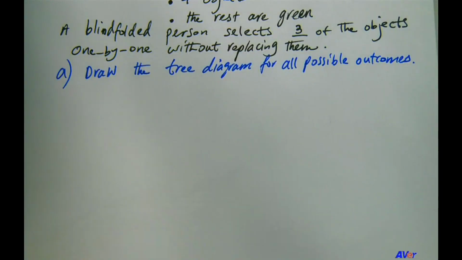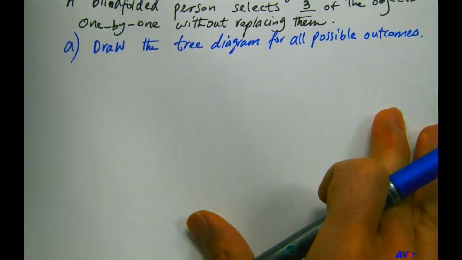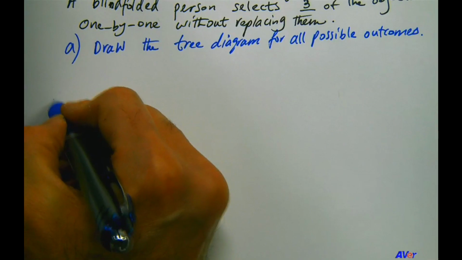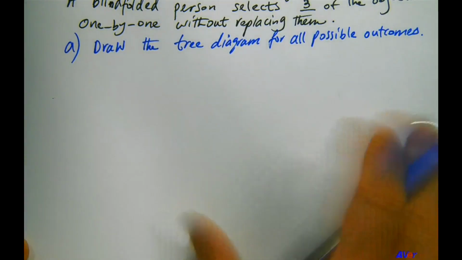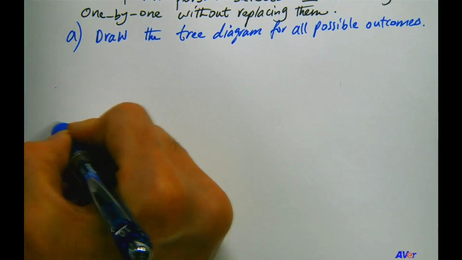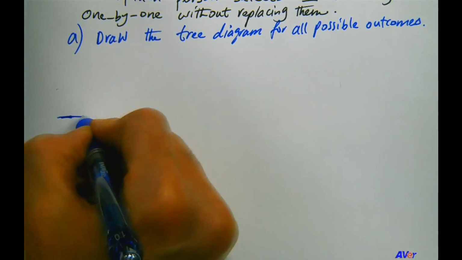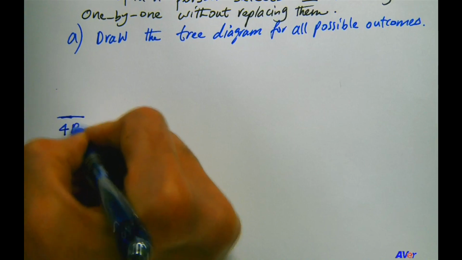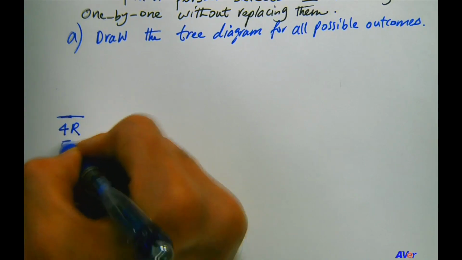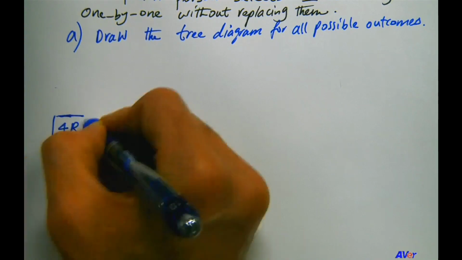So we'll begin with what we are given. There's a total of 9 identical objects. 4 of them are red, right? So let me put a container somewhere here. So 4 red objects out of 9, and the rest are green. So 5 will be green.